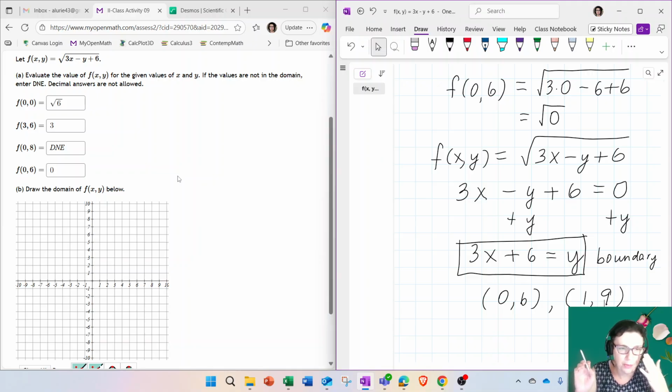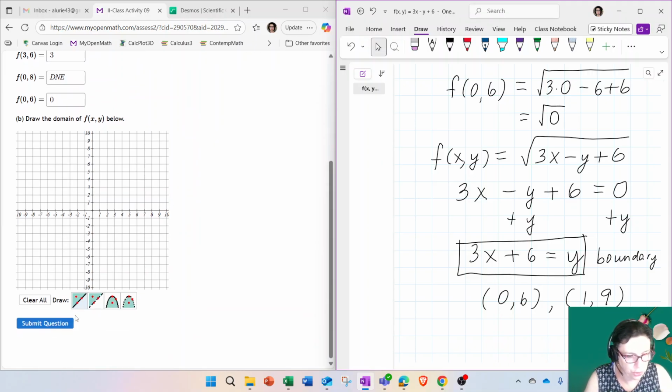So I want you to remember that anytime you're dealing with the square root function and you're trying to find the domain, the boundary will always be a solid curve, whether it's a line, a parabola, whatever, but it has to be solid, because on the boundary, you will get square root of 0, which is going to be 0, and that's going to be defined.